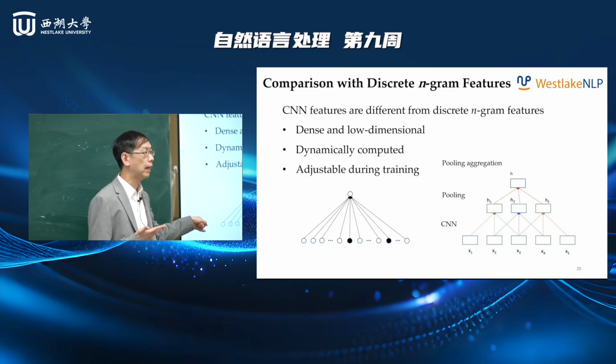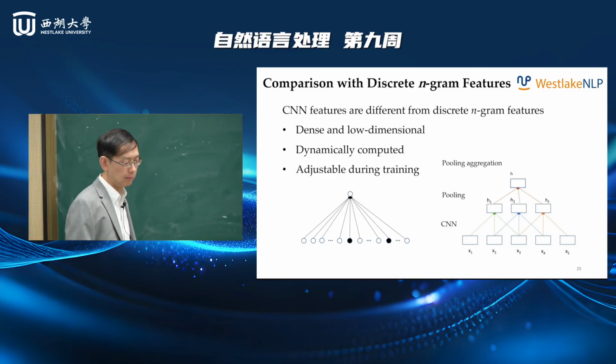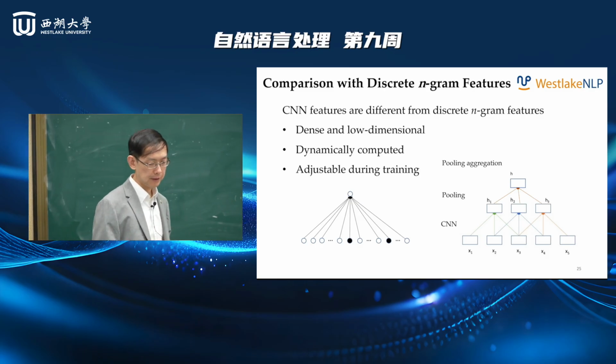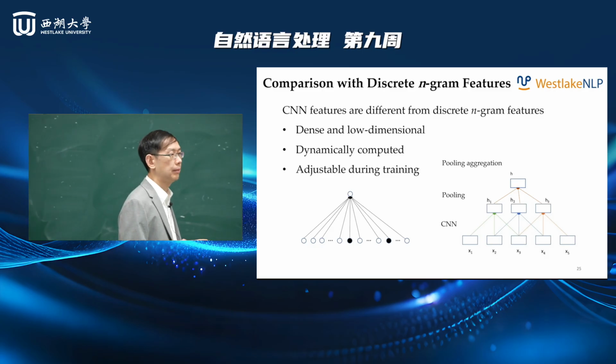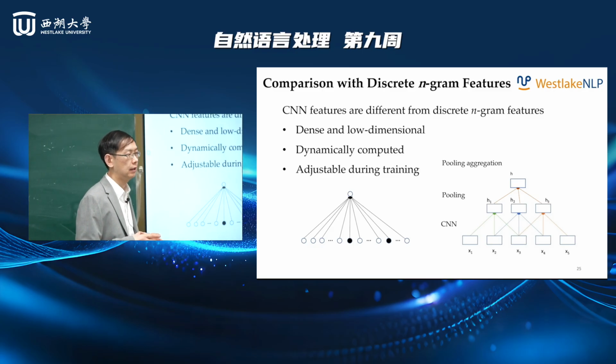If you use bigram features, it's tens of thousands squared, right? And if you use trigrams, it's even more, okay? But of course, you can cut a lot of zero values because the real feature vector can be smaller. But it's all dense and lower dimensional compared with the sparse vector we had, okay?